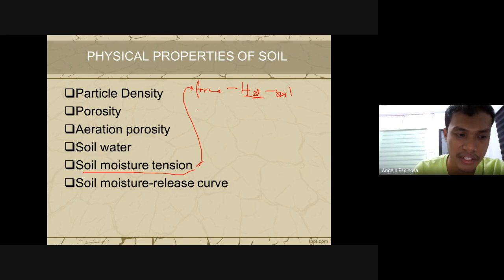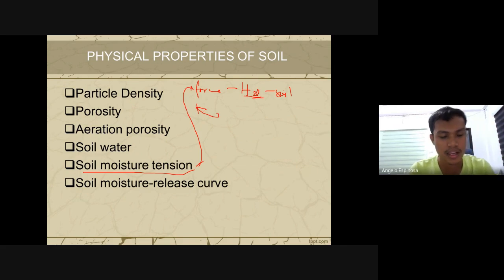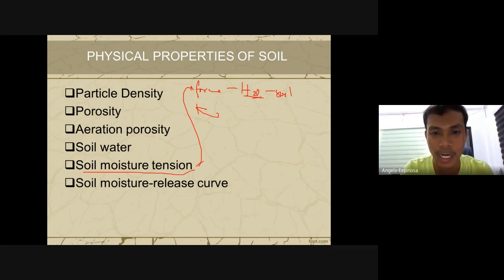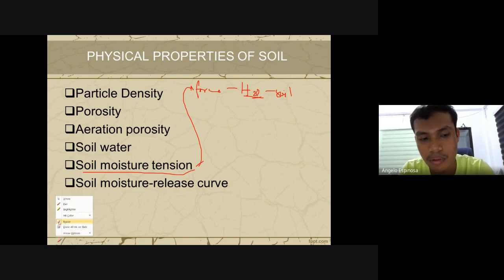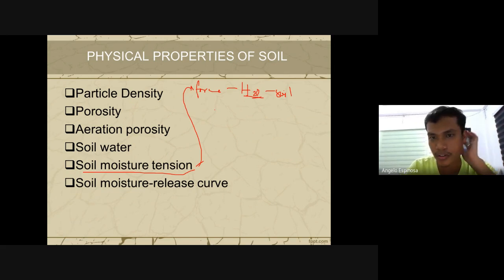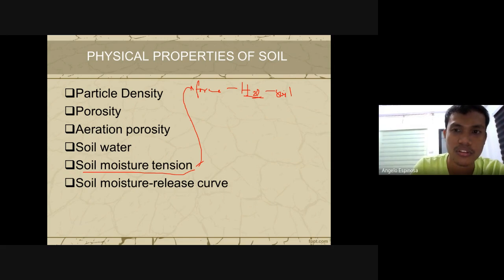So there are bars for that. At 1 atm, it means, by the way, I will just give the list of the bars of soil moisture tension. I will send it in the group chat or on YouTube in the community so you can see the picture.